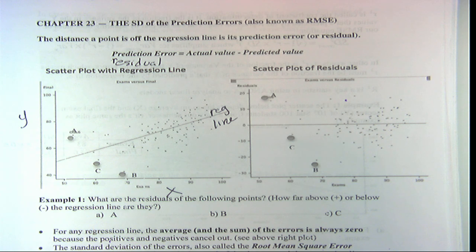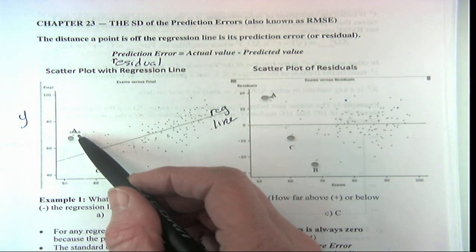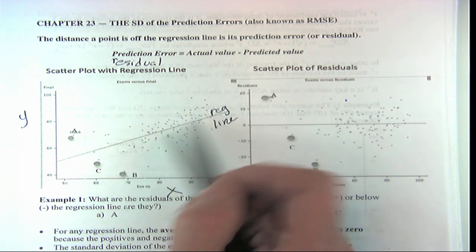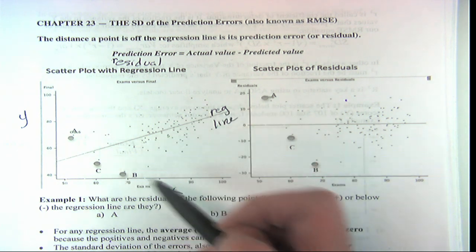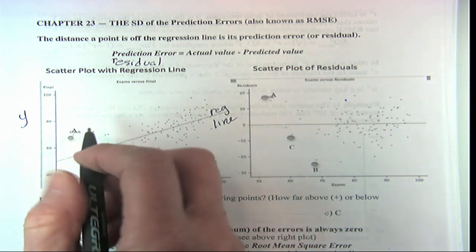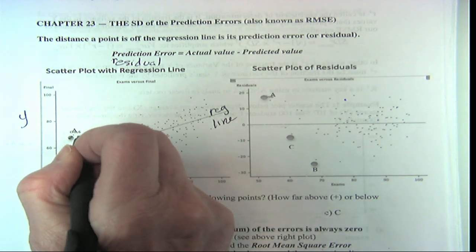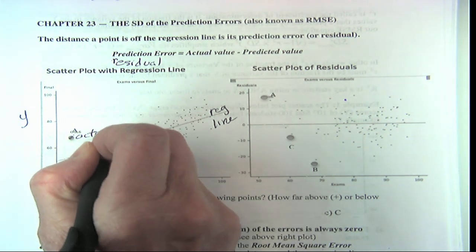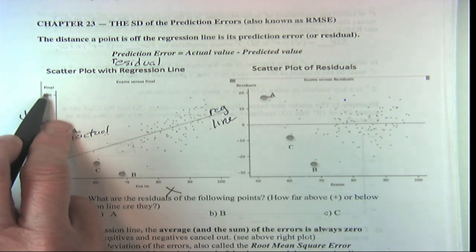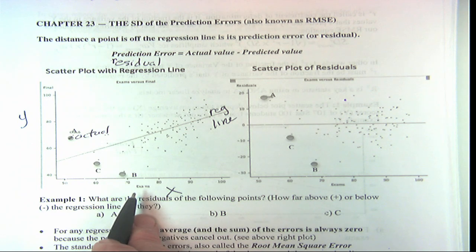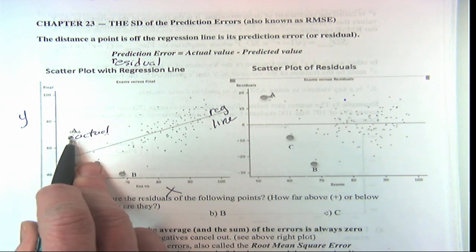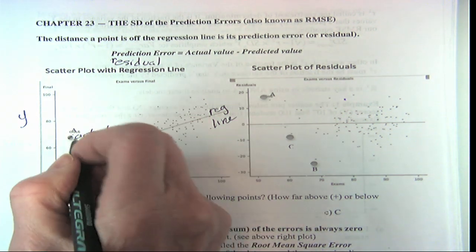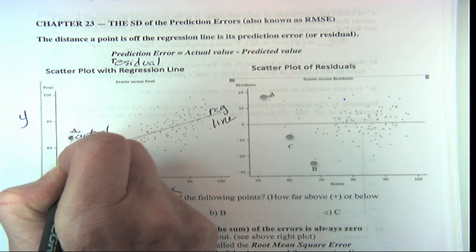Yeah, that's better, right? Okay, so you see, for example, these points, A, B, and C, are off this regression line. This distance here is between the actual final score, since finals are being predicted by exams, of this person at point A, and that's the actual, and the predicted is down here.